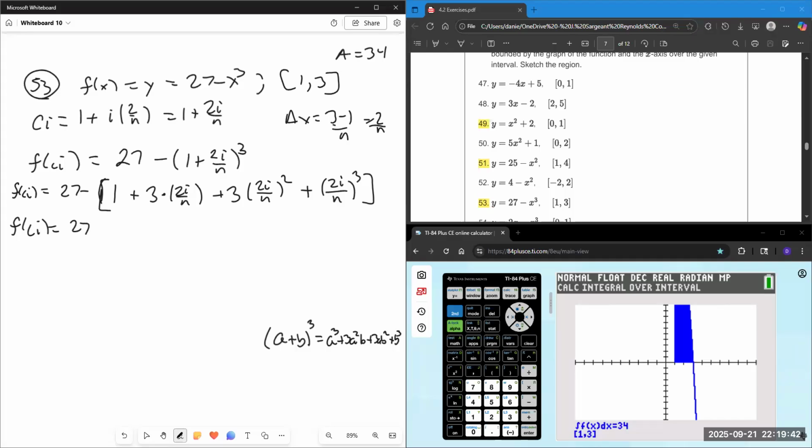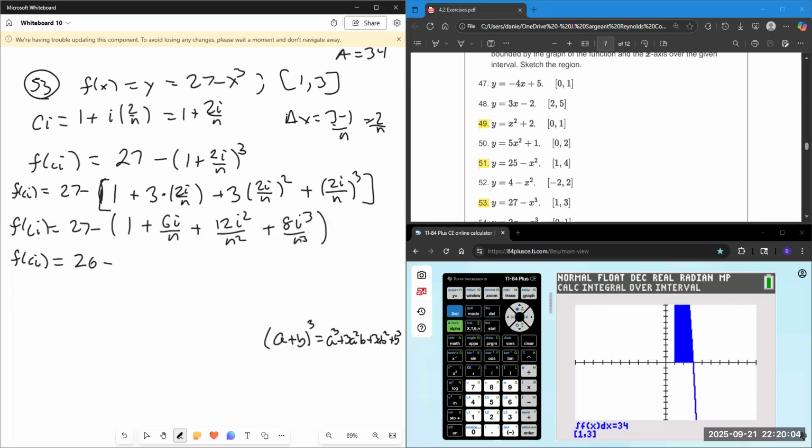F of Ci is 27 minus 1 plus 6i over n, plus 12i squared over n squared, plus 8i cubed over n cubed, so f of Ci is 26 minus 6i over n minus 12i squared over n squared minus 8i cubed over n cubed.